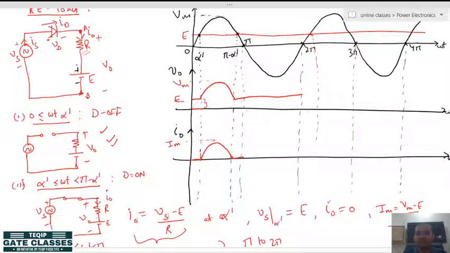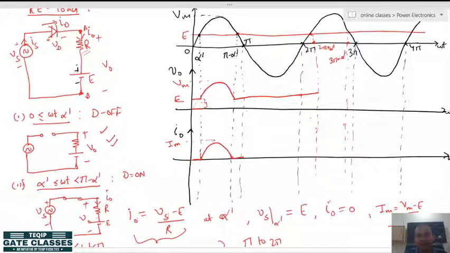Again we can see that the next alpha dash point is at 2 pi plus alpha dash. So, till this point again the circuit will remain off, and at 2 pi plus alpha dash, let us mark this, it is 2 pi plus alpha dash, and this point is 3 pi minus alpha dash.